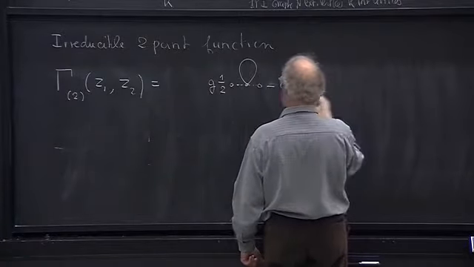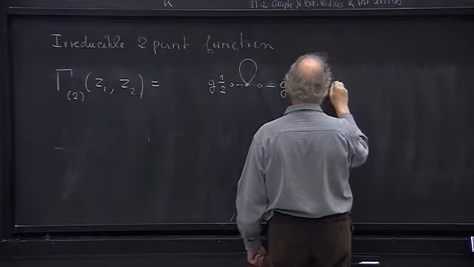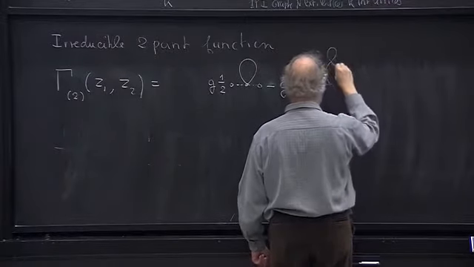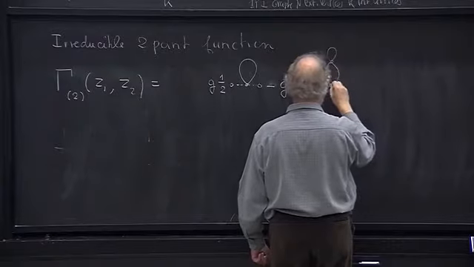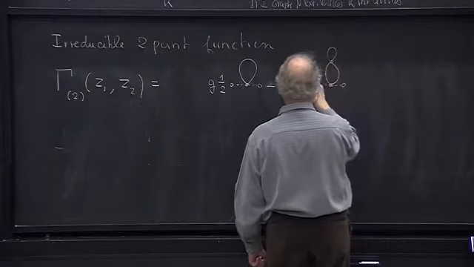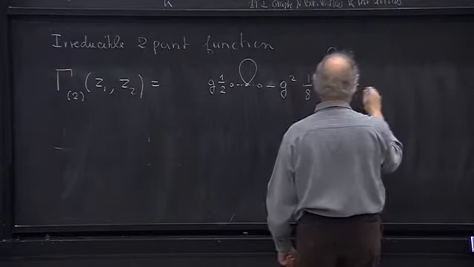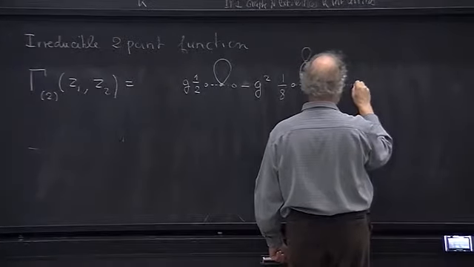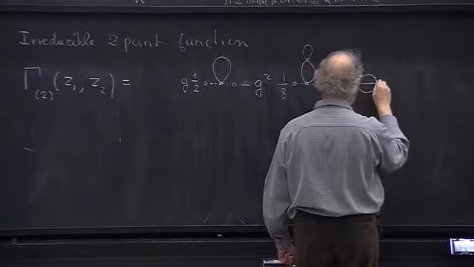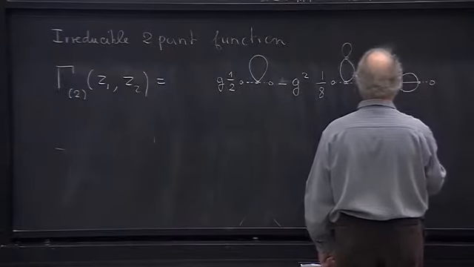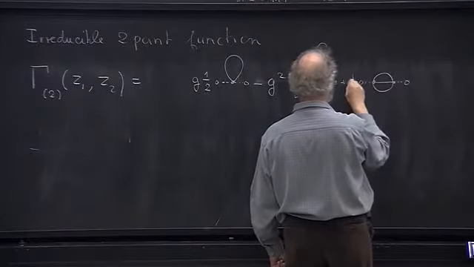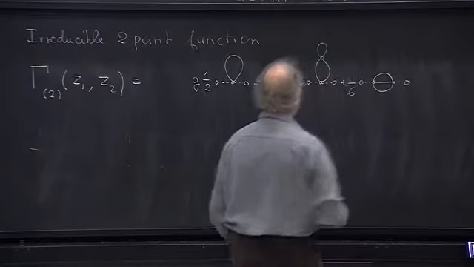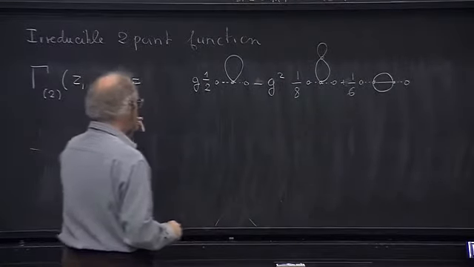So we get minus G squared, and we get this diagram with a factor 1/8, and this diagram, which is irreducible, which has a factor 1/6. And I'm not mistaken, okay?